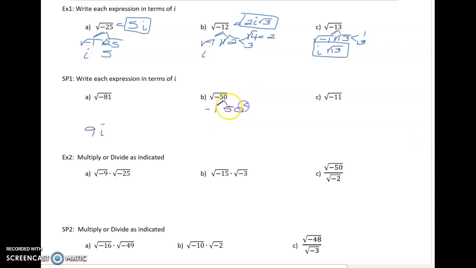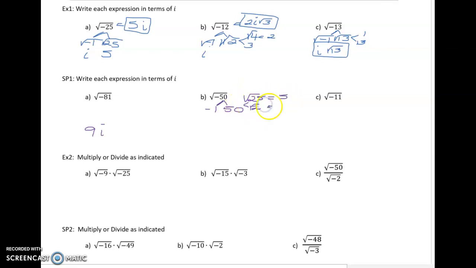Okay. Now with 50, we want to think of two numbers that multiply to 50, but one of them needs to be a perfect square. So 5 and 10 multiply to 50, but 5 is not a perfect square and 10 is not a perfect square. So the only pair that works here would be 25 and 2. The square root of 25 is just 5.